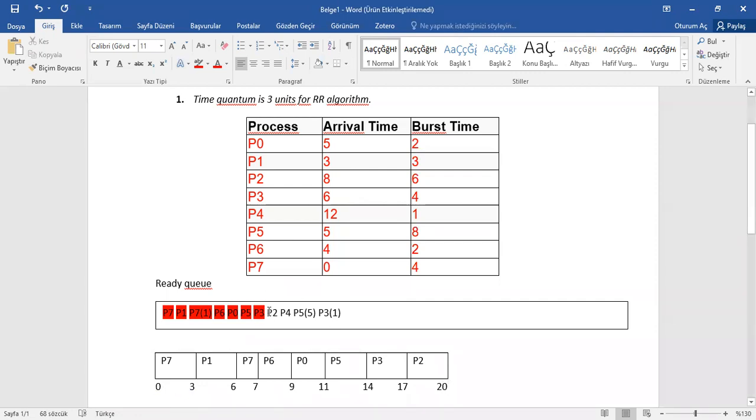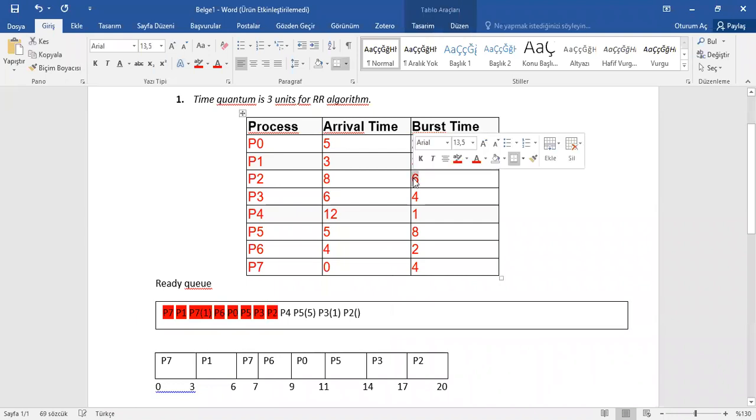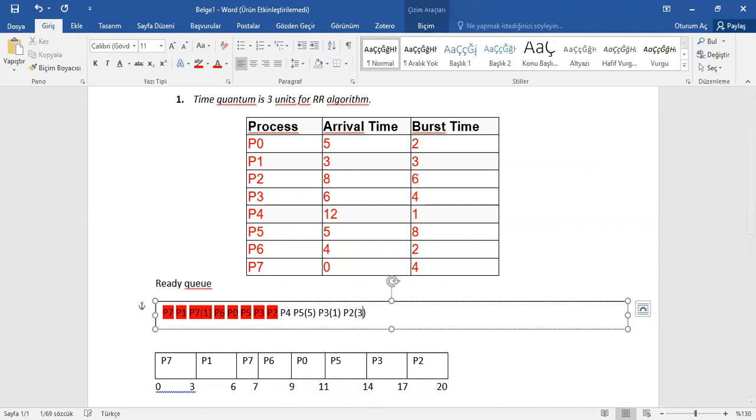Then I am erasing this, writing here P2. How much time remains for P2? We had 6, we execute 3 of them, so remaining 3. Okay.